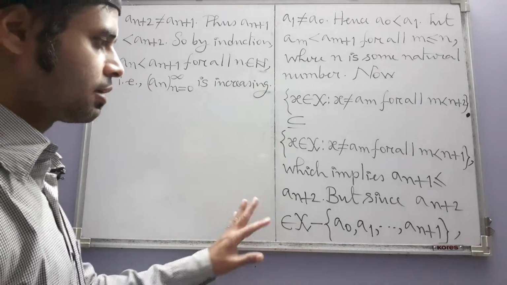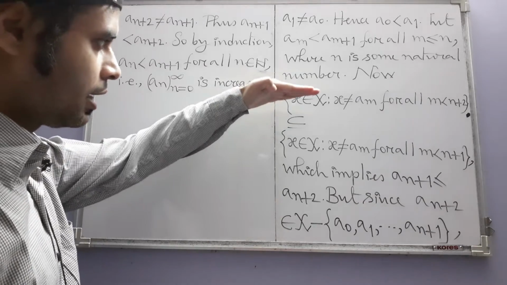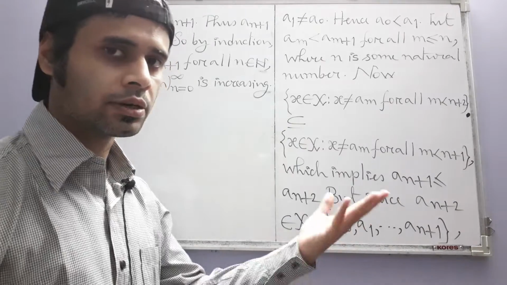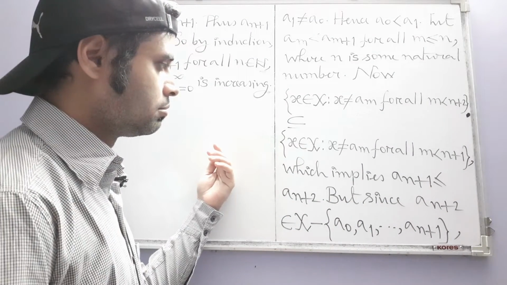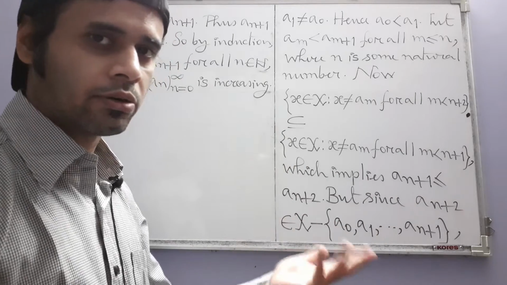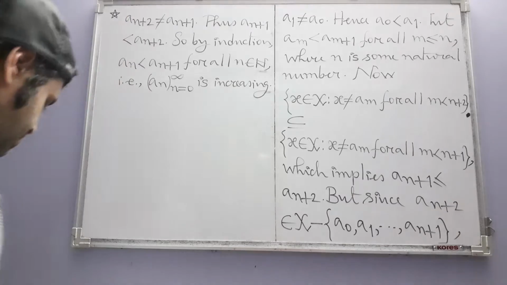So we have settled this part also. Okay, so the claims about the sequence, that it's a sequence of natural numbers, it is an increasing sequence, its terms are all distinct, all those things now have justification.